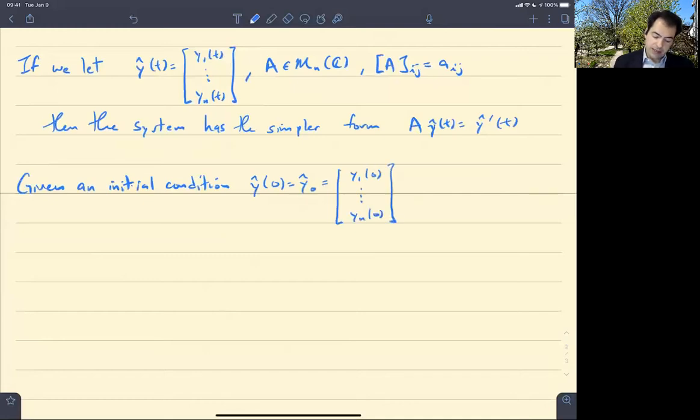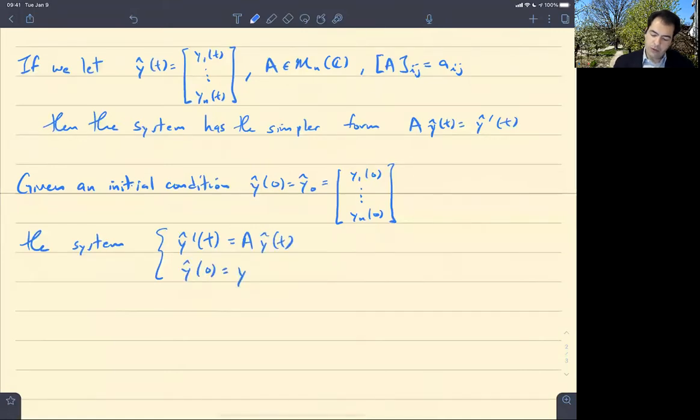So given an initial condition, then we'll show that the system y hat prime of t equal to A times y hat of t with initial condition y hat at 0 is equal to y hat naught has the unique solution, and it is going to look just like in the case of one function.